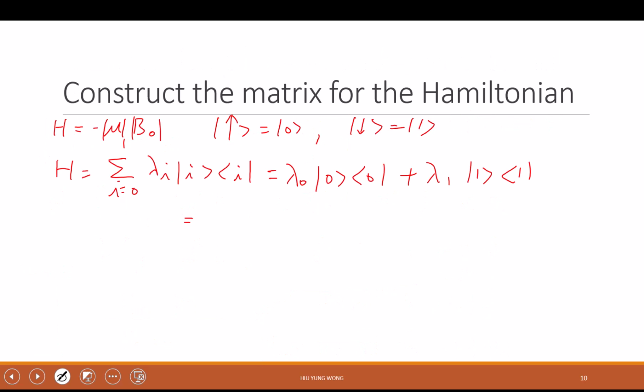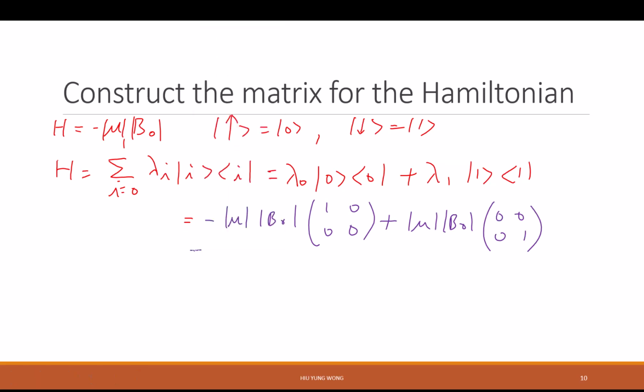As a result, this is equal to negative mu B0 times the matrix 1 0 0 0, plus mu B0 times the matrix 0 0 0 1. You just do the outer product.